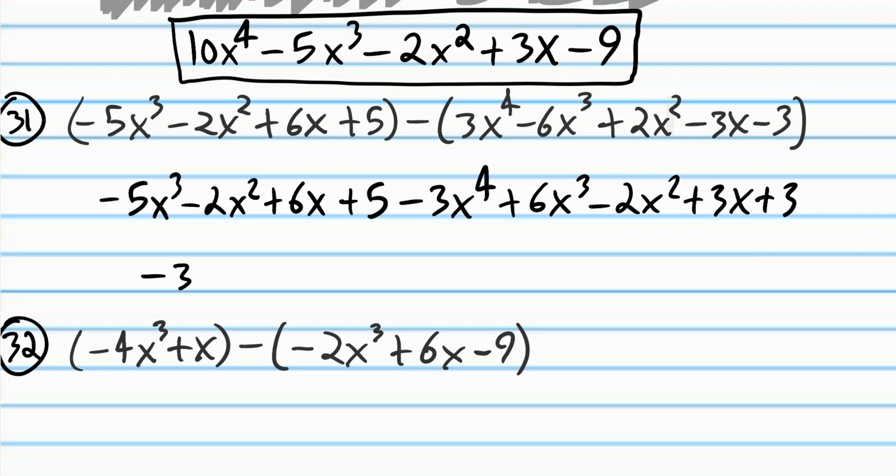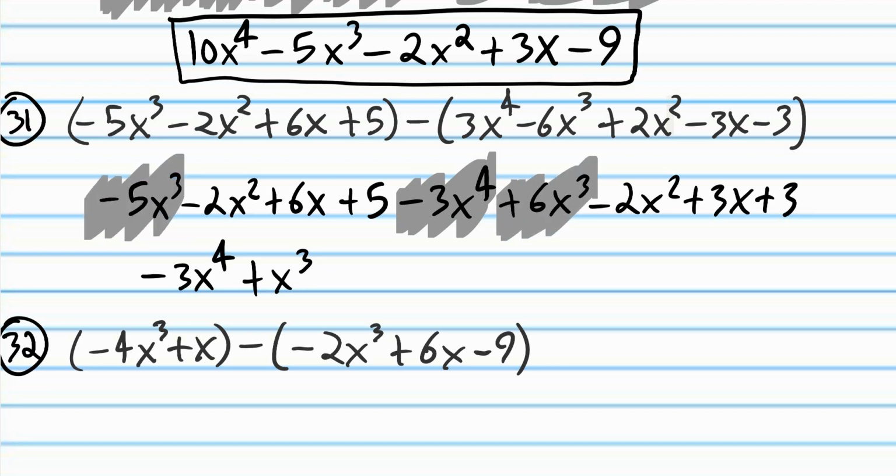So we have the negative 3x to the fourth term, and the x cubed terms, negative 5x cubed plus 6x cubed is 1x cubed. And we have a negative 2x squared term, and actually two of those, so they add up to make negative 4x squared.